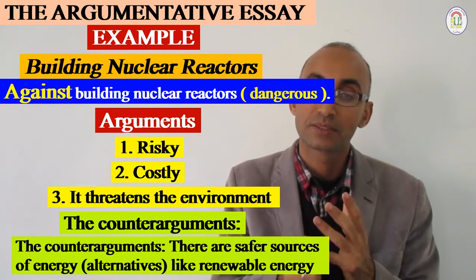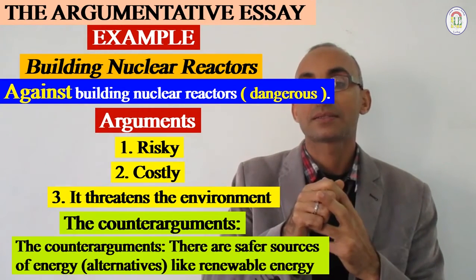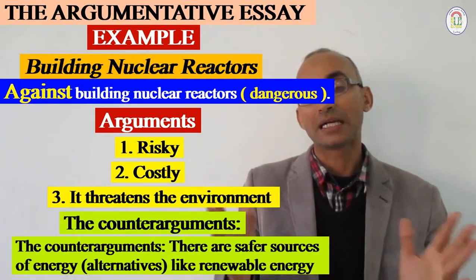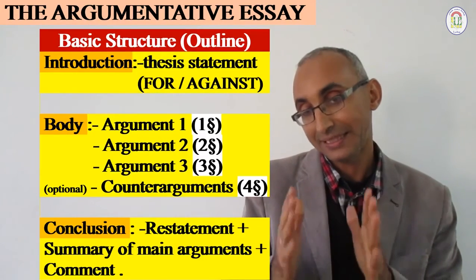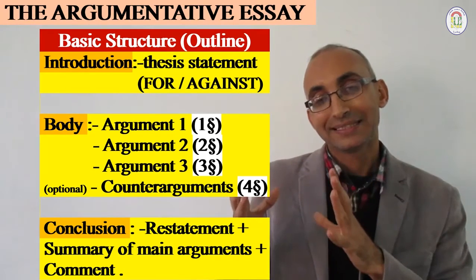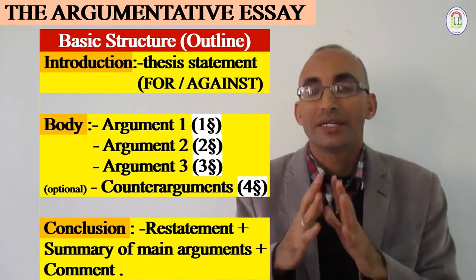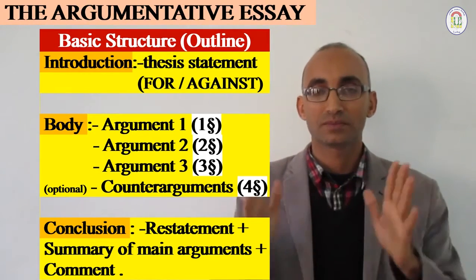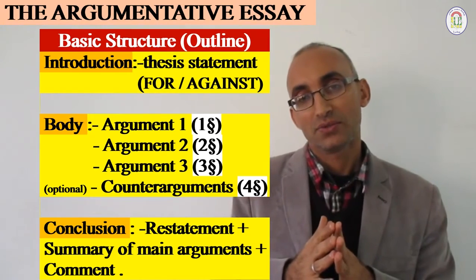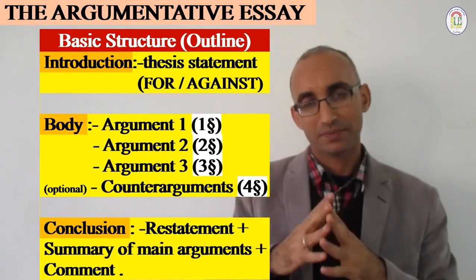My topic, my position against, my arguments, my counter arguments, clear. And now it's time to write down my outline. This outline, in fact, is based on the basic structure. Because in argumentative essays, listen, we have many styles, many structures, clear, for writing argumentative essays, many of them.